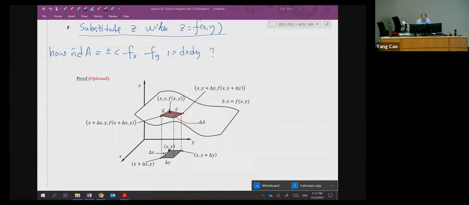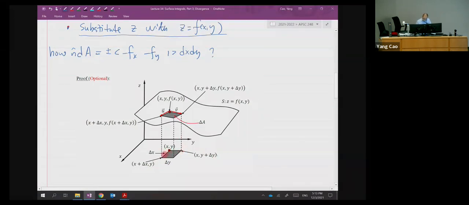So you create a rectangle right here, with sides of delta x and delta y. After you move delta x in this way, that's the coordinate for this corner. After you move delta y in the y direction, that is the coordinate for that corner.